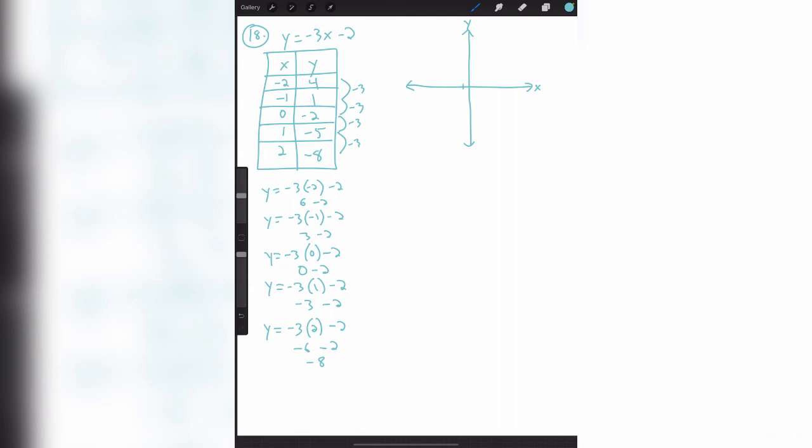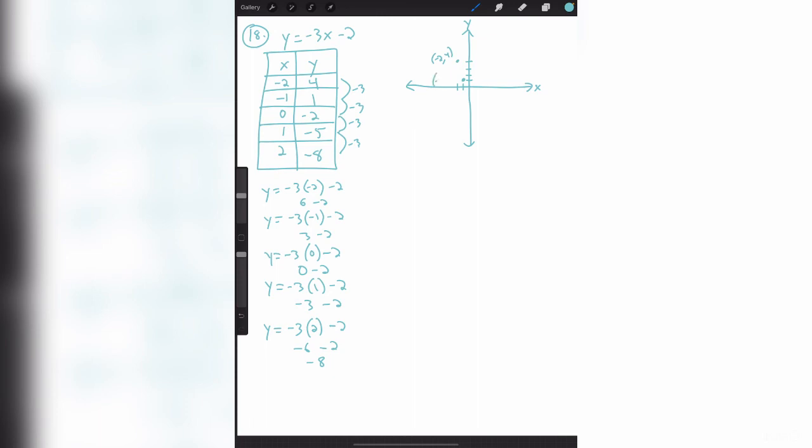I have -2, and then up 4. 1, 2, 3, 4. Okay, and then -1, up 1. I guess I'll say this is -2, 4.